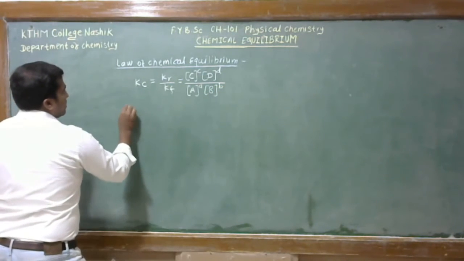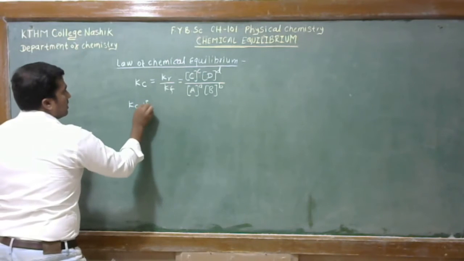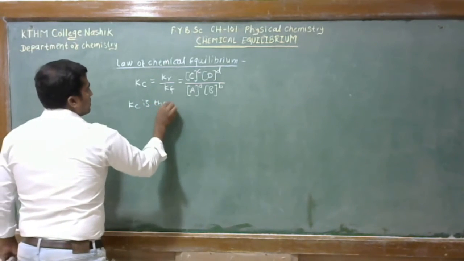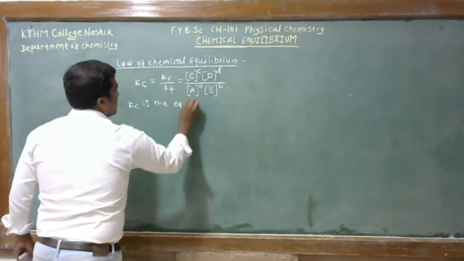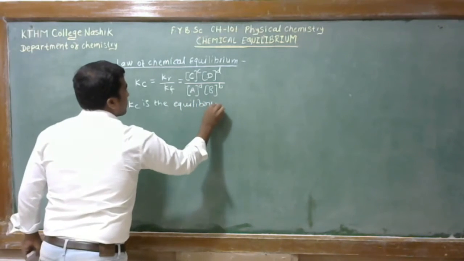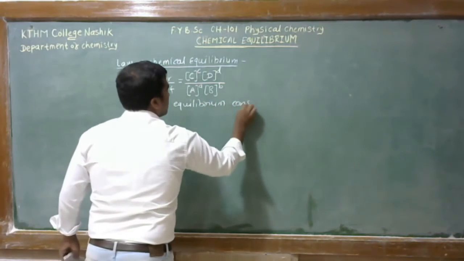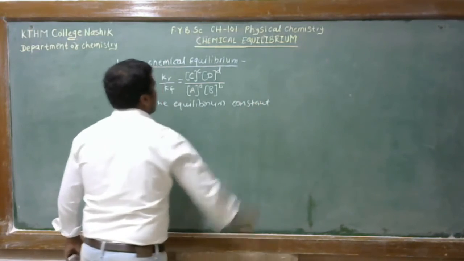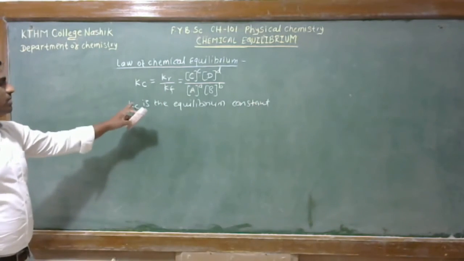Here Kc is the equilibrium constant. Okay, Kc is the equilibrium constant.